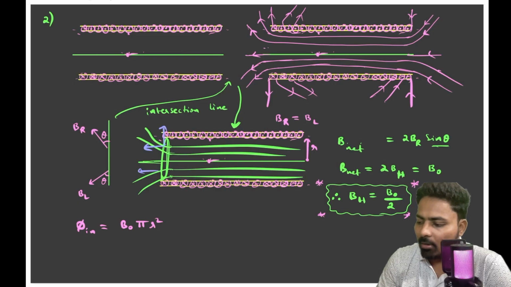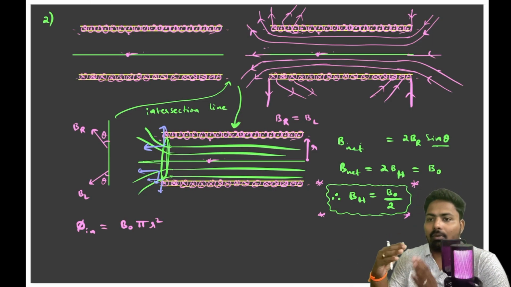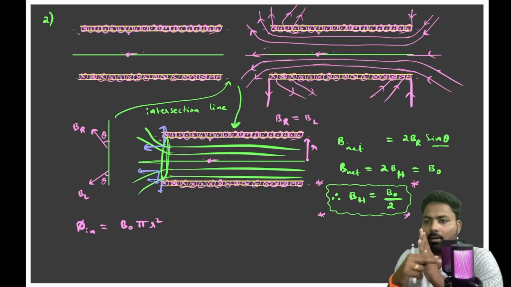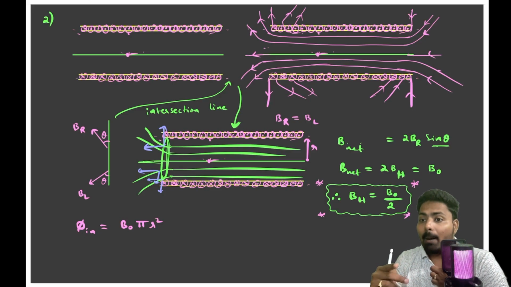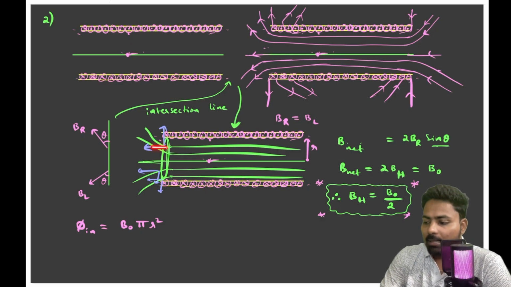For every field line we'll have a horizontal component as well as a vertical component. To calculate the flux, flux is nothing but B bar dot A bar, right? So indirectly we need to take B bar along the area vector. That means we just need to take the parallel component of the magnetic field lines.